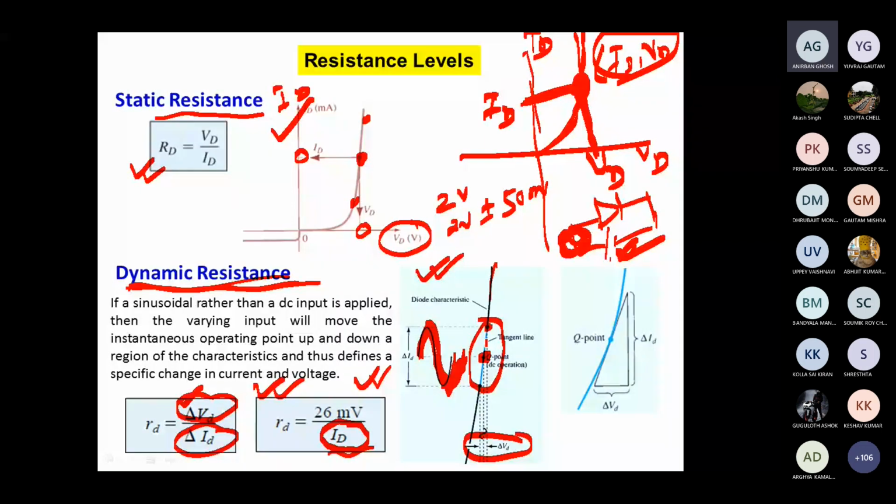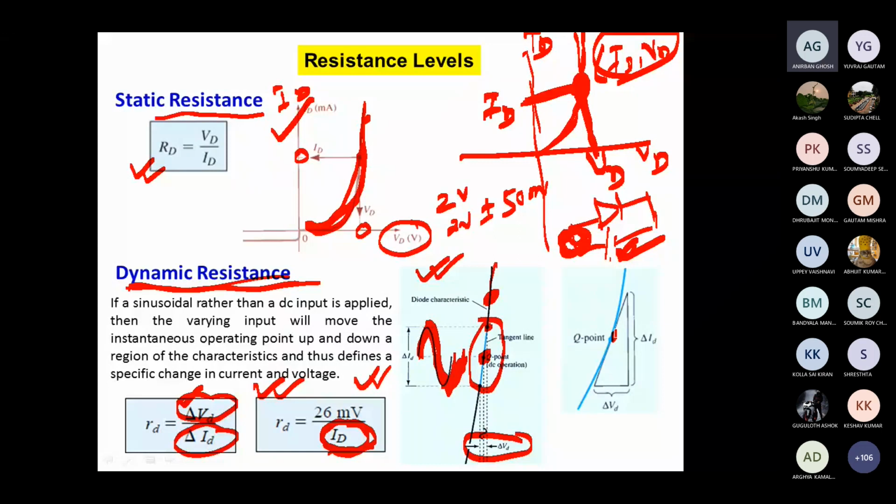No, dynamic resistance means, around this operating point, what is your resistance? If I say my operating point is here, then the value will be changed because your ID value is changing this way.